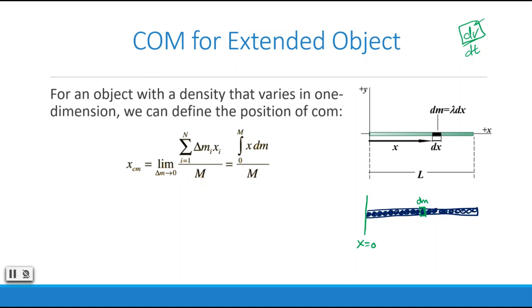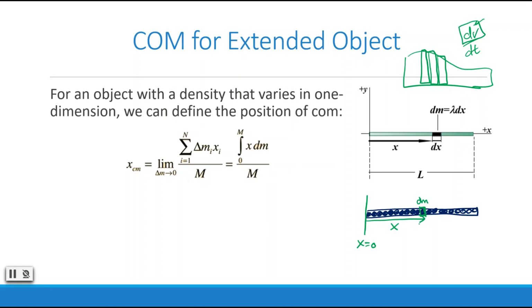And if you remember doing in calculus, like finding the areas and so forth, using Riemann sums, where you basically broke everything down into rectangles and added the rectangles together, this is kind of that same process. It's going to be integration. So I'm going to assume that that section right there has a mass dm, and it is at a position of x based on my coordinate system.